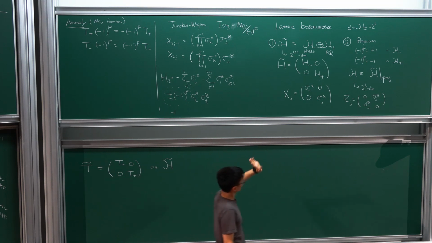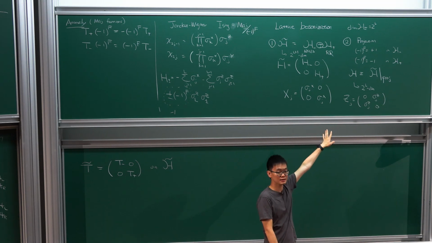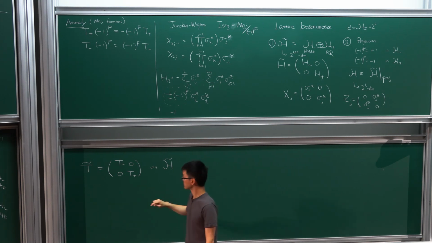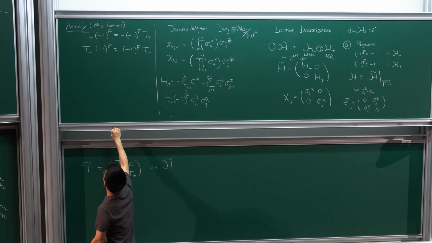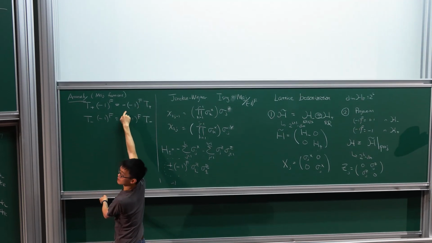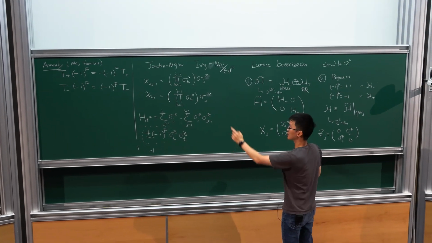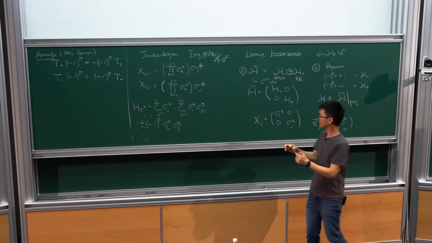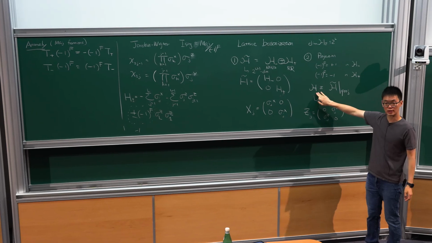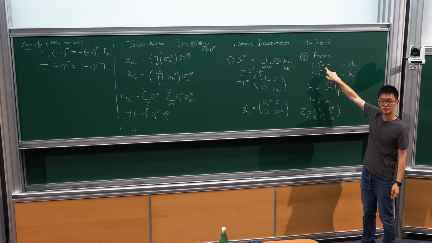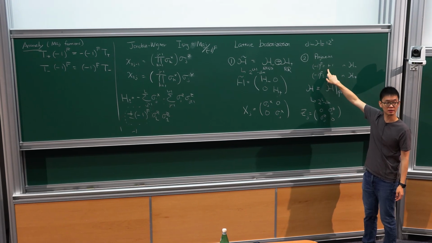But this is okay in the first step. In the second step, we would like to do the projection. And that's where we ran into an issue. That's where this minus sign becomes important. When we try to do the projection, we see that T plus does not act within this projected Hilbert space. We did a projection to a definite -1 to the F eigensector.